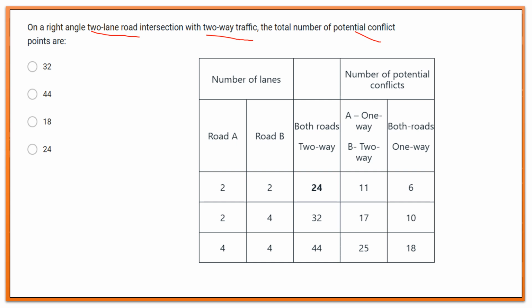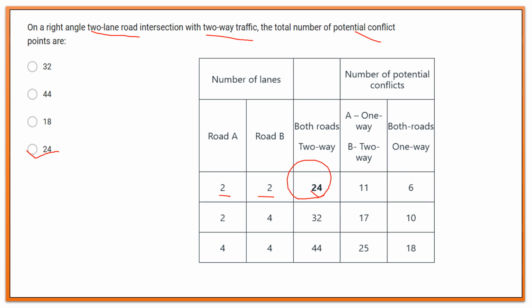Okay, so this is the chart. In the question, two-lane road means the road is two-lane and traffic is two-way. So for this particular question, the potential conflicts are 24. So the last option is correct here.